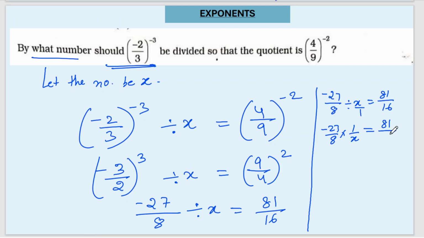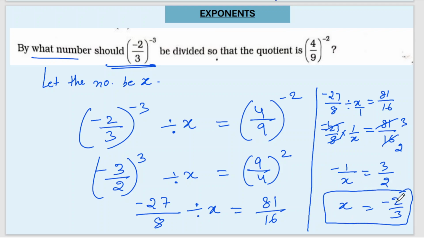It is 81 by 16. Now you can cancel it. This you will get cancelled by 3 minus 1 and then it will have 3 times. Now 8 to the 16. So you will get minus 1 by x equal to 3 by 2. So from here x will be equal to minus 2 by 3. So finally we have got the value of x equal to minus 2 by 3.